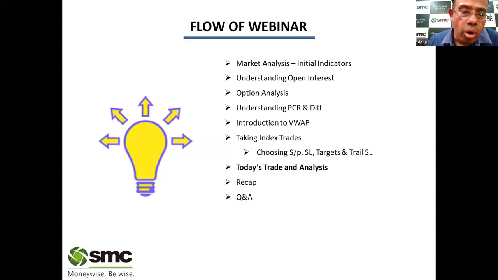Introduction to VWAP is important just because it helps you take stop loss decisions. It helps to identify the overall trend in the market through future price actions. Then we will understand how to take an index trade, what will be the strike price, what will be the SL, target, and trail SL.